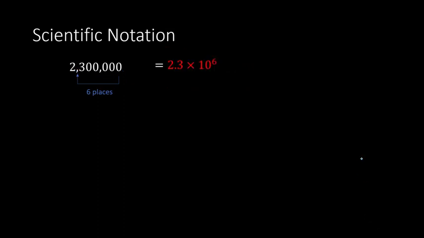If you had a smaller number, let's say something smaller than 1, such as right here, 0.000467, again, we want to move the decimal point from here to after the first number that's not 0. So it goes right here after the 4 to get 4.67 times 10 to some power.